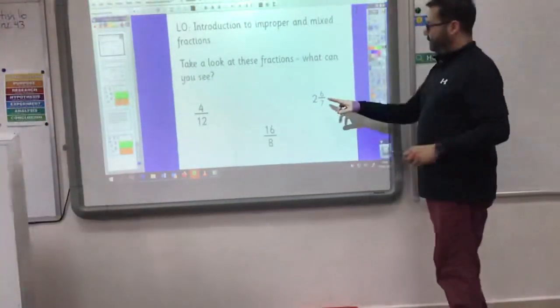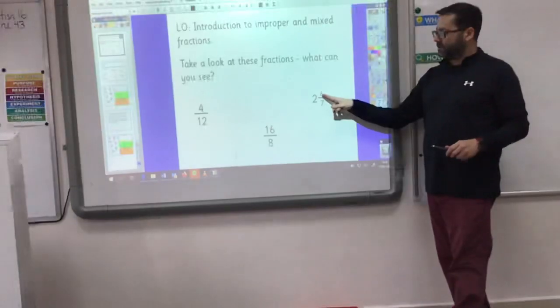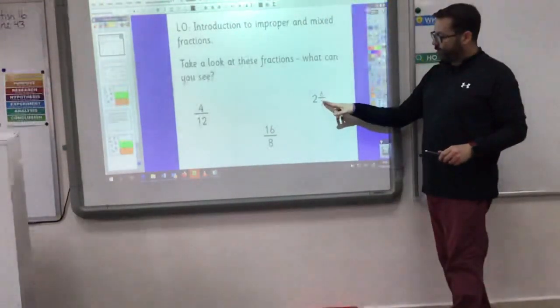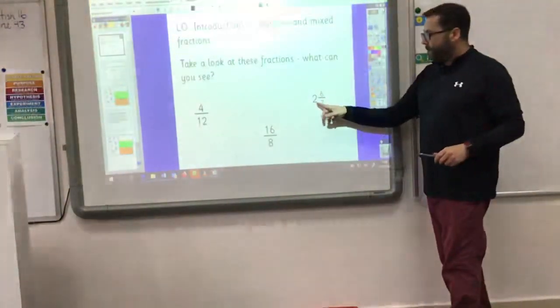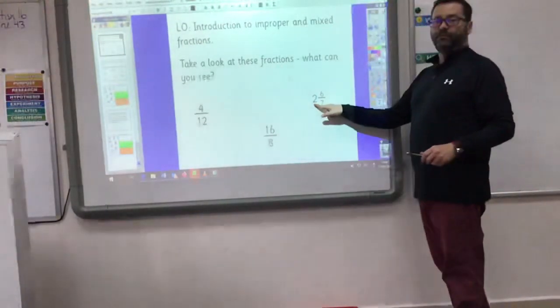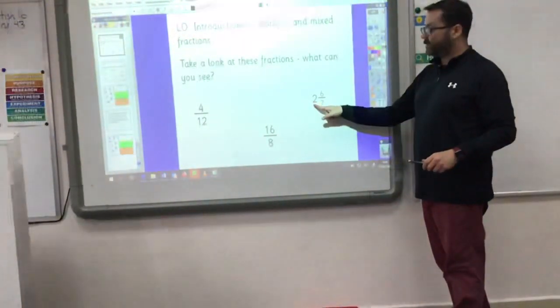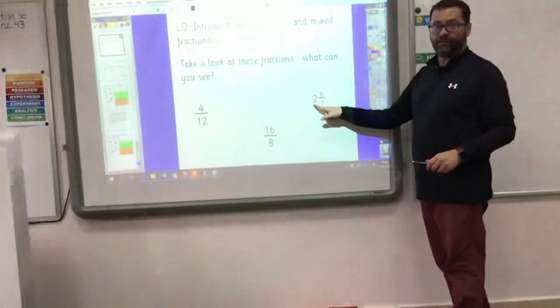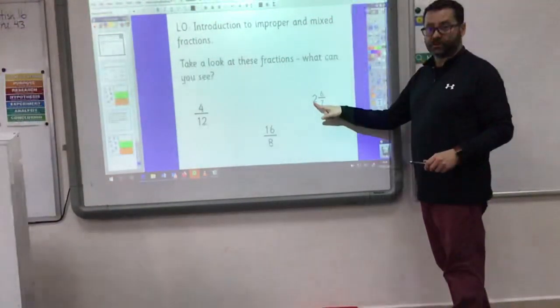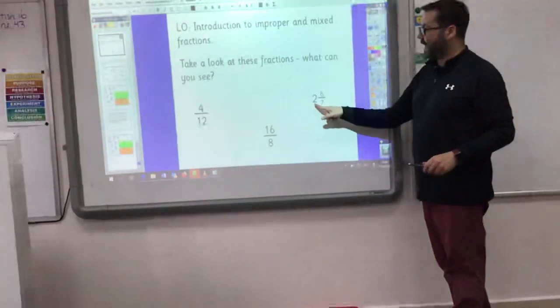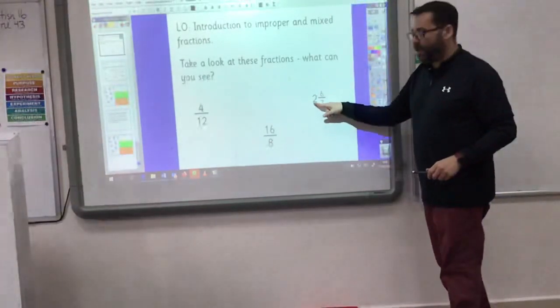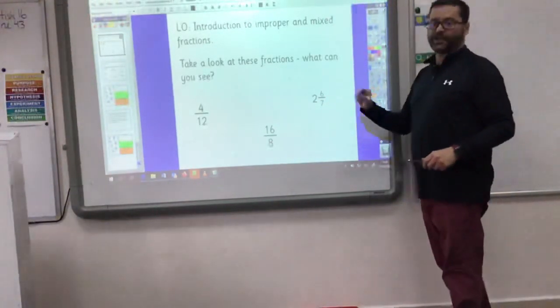This fraction has the 6, which is the numerator, over the 7, which is the denominator, but it also has this number 2, which is not a fraction. That 2 is a whole number. This is 2 wholes. So this fraction has a whole number and a fraction of a number as well.